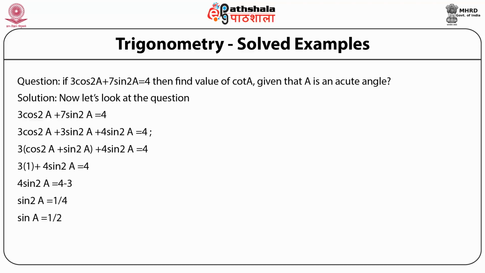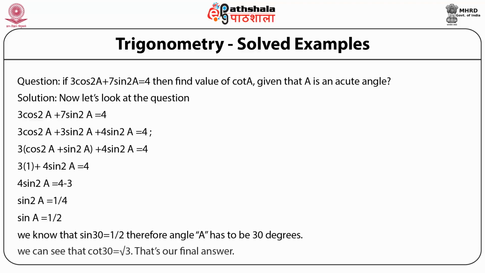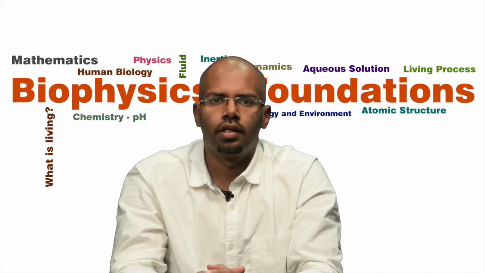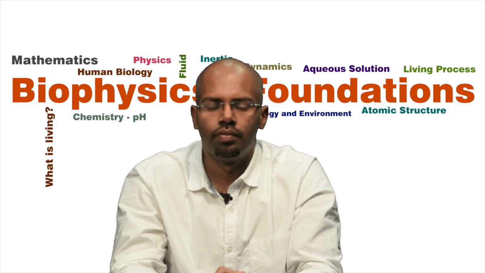So the value we know is sin 30 is half, therefore angle a should be 30 degrees, and therefore cot of 30 degrees is equal to root 3. That's our final answer.